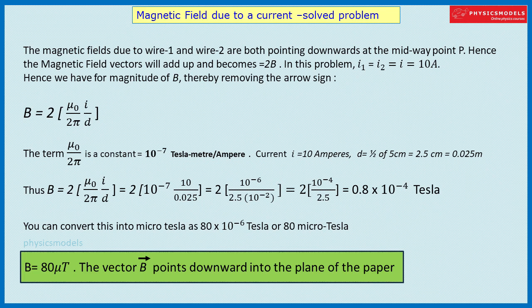Sometimes you can also convert this into microtesla, so that would be 80 into 10 to the power minus 6 Tesla, that is 80 microtesla.